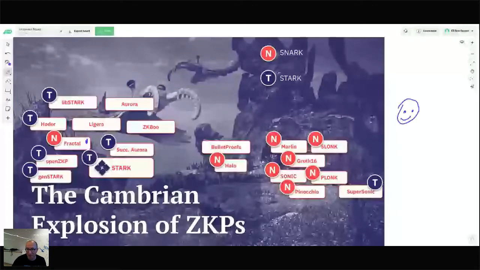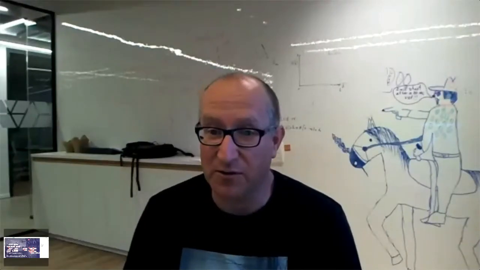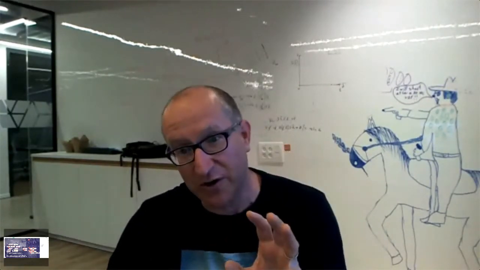Okay, next question. Does Fractal being a snark, in this particular case, mean that Fractal is not a Stark? Okay, I just answered that question, right? It's the same question. So Fractal, not in all settings, is a Stark.